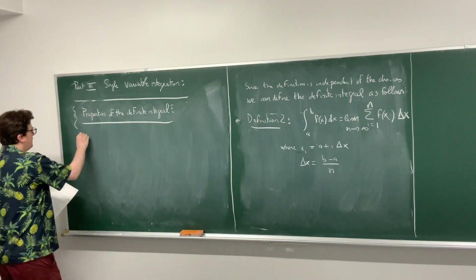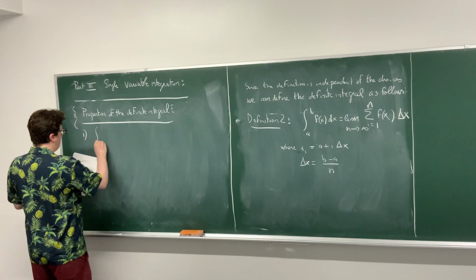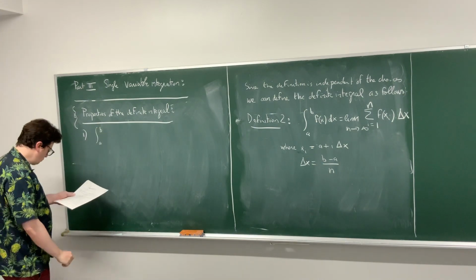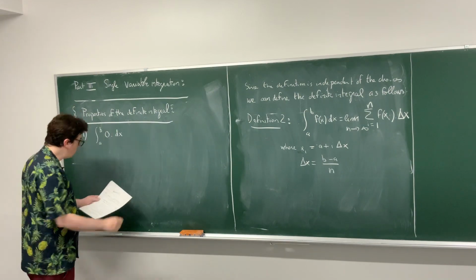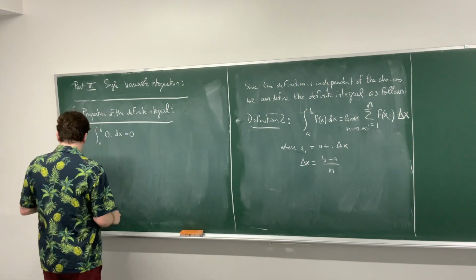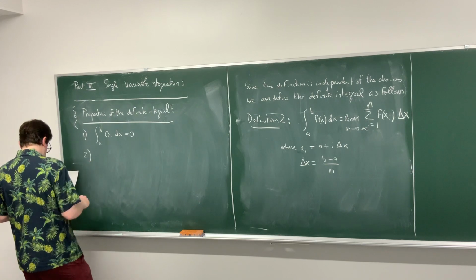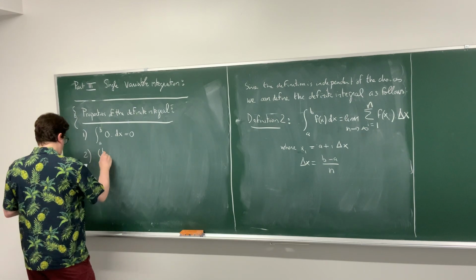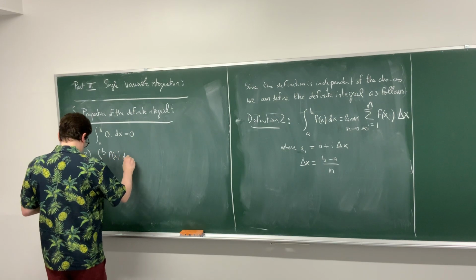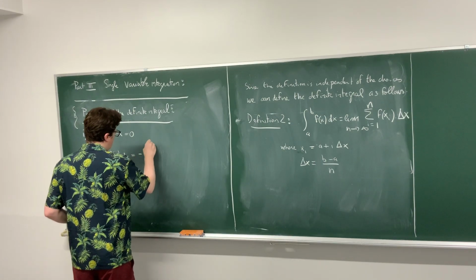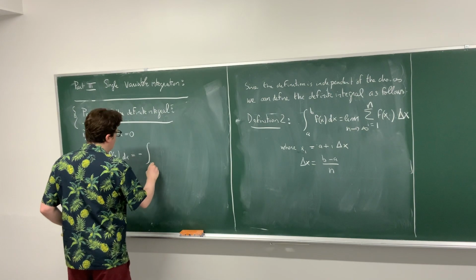The first property is that the integral between a and b of the constant zero function is 0. The second property is that the integral between a and b of f of x dx is equal to minus the integral between b and a.